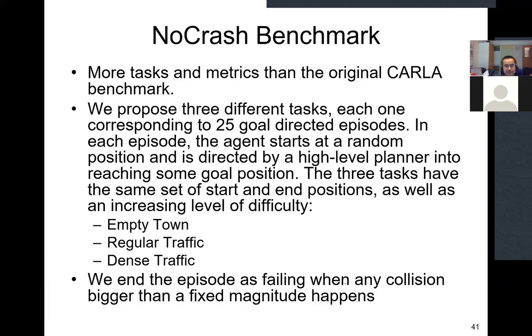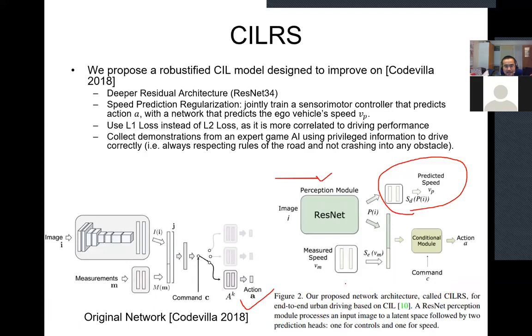So yeah, this paper, I think, is really a few minor tweaks on the original work, CIL. A lot of the research is incremental, so they're not proposing some brand new architecture.